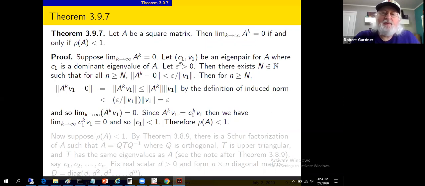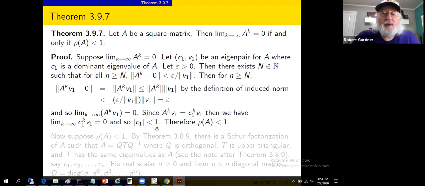If we've got c1, v1 as an eigenpair of A, then we have c1 to the k, v1 as an eigenpair of A to the k power. That's a result from the previous section when we were dealing with properties of eigenvalues. I think it was Theorem 3.8.2, Part 6. Just happened to have that sitting conveniently by. But that allows us to draw this conclusion.